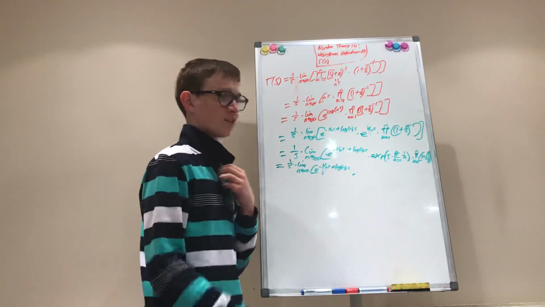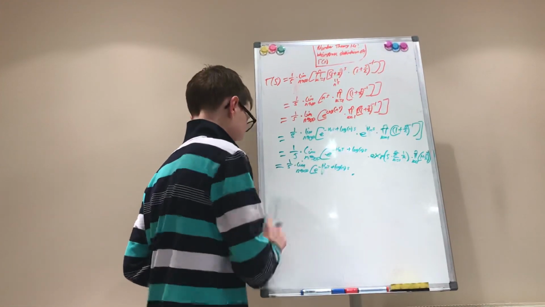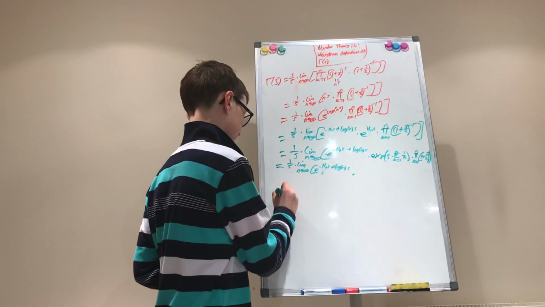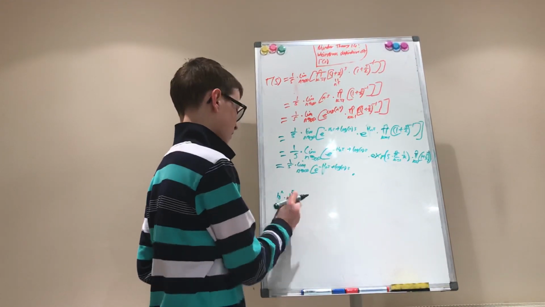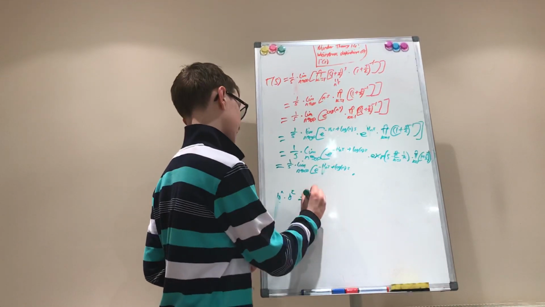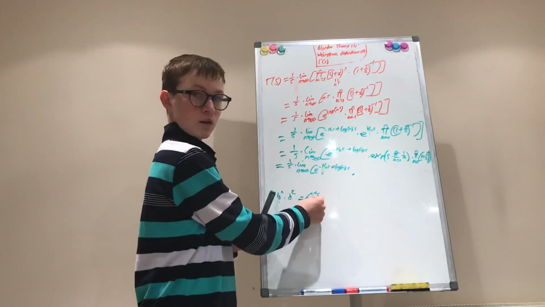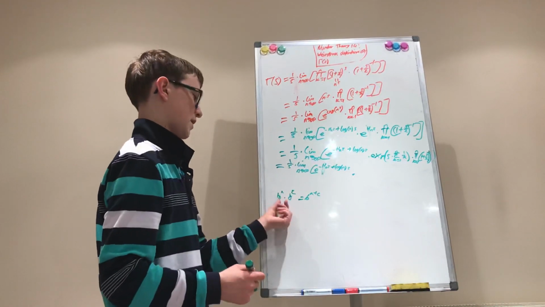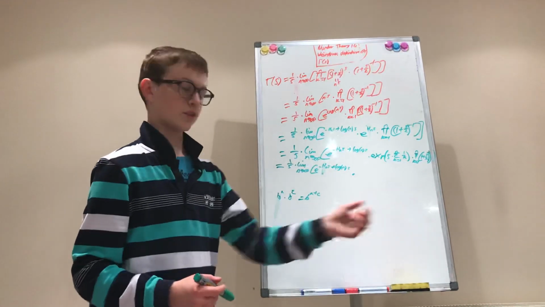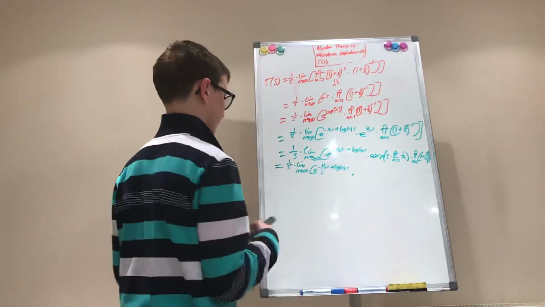So if we have b to the power of a times b to the power of c, this equals b to the power of a plus c, right? So if we have a sum here in the exponent, this is just the product of all b to the power of each term of the sum. Hopefully you can see what I'm saying when I write it out.